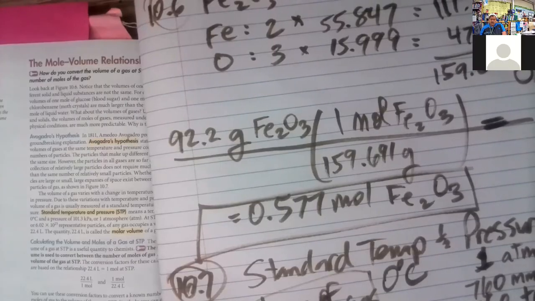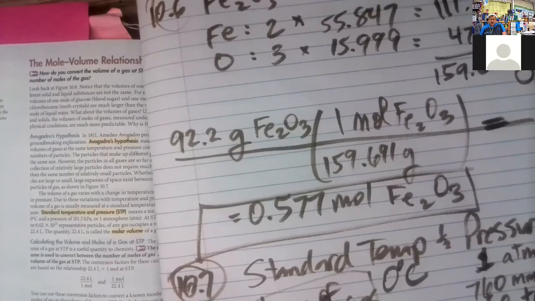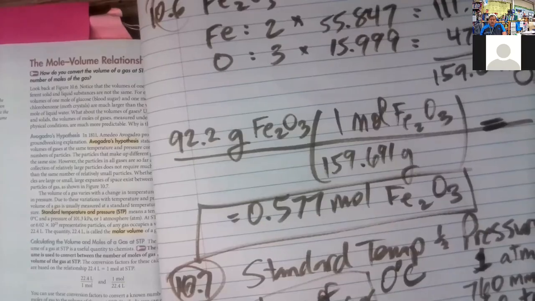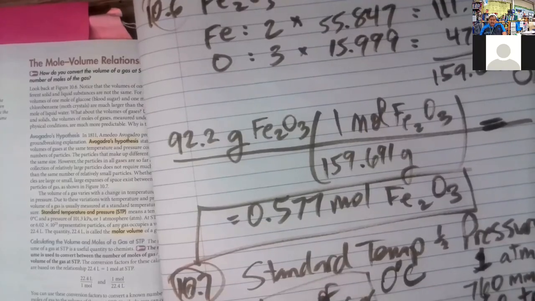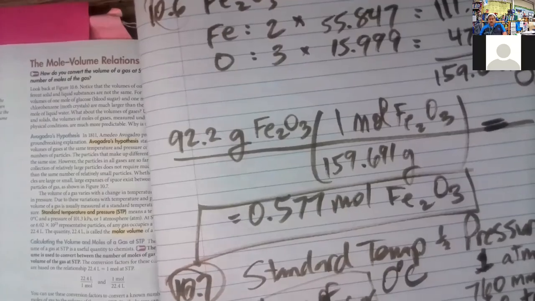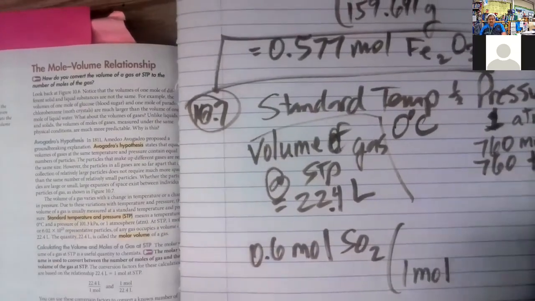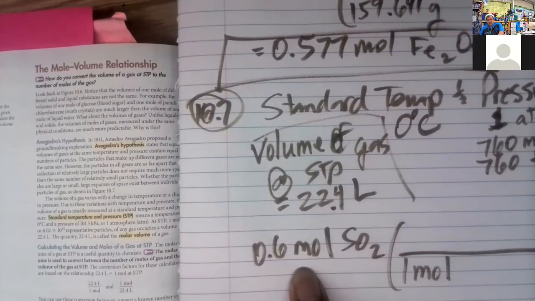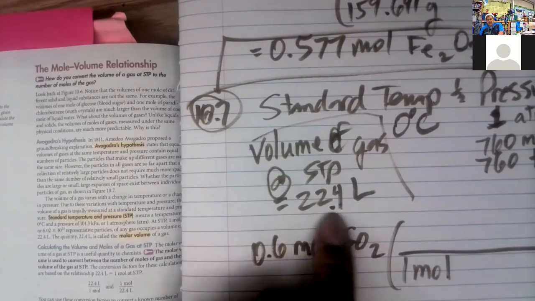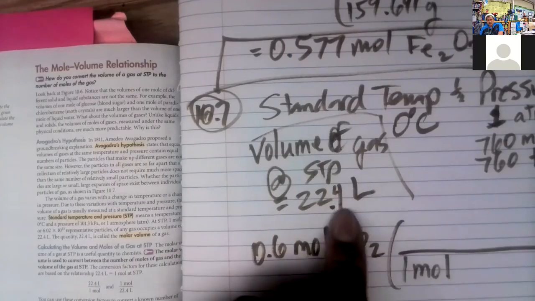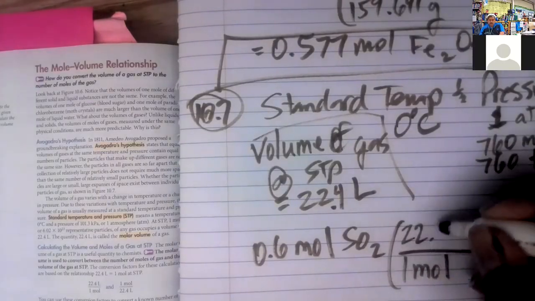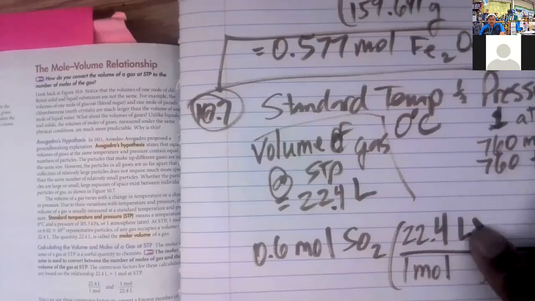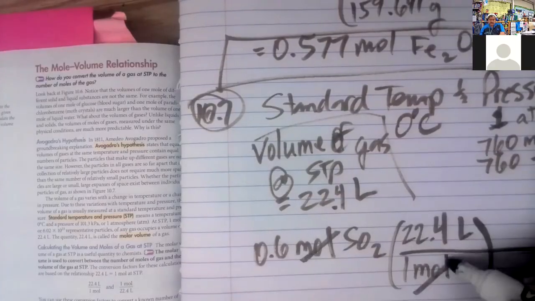Well, then you know that 1 mole of any gas at STP has a volume, oh, you can't see. I have 0.6 moles given. Well, what I was saying over here is that 1 mole has a volume of 22.4 liters. And that's what we wanted, and these are going to cancel out.